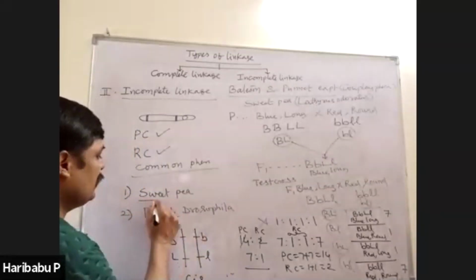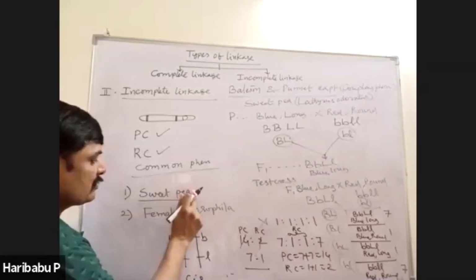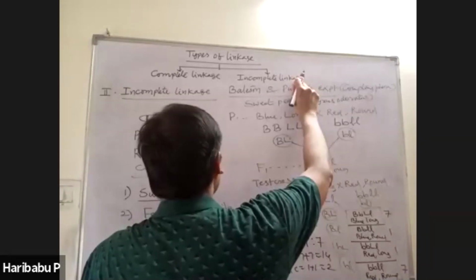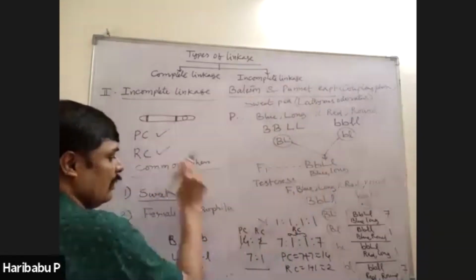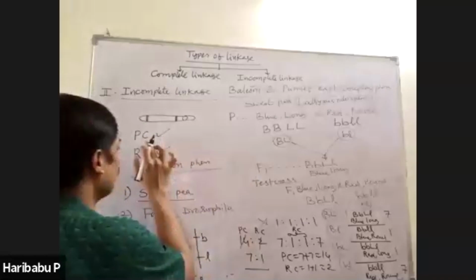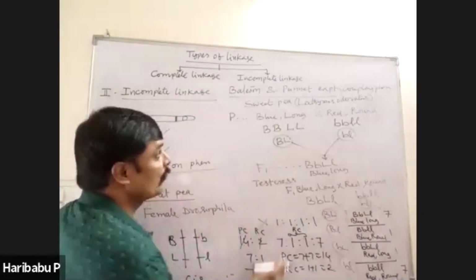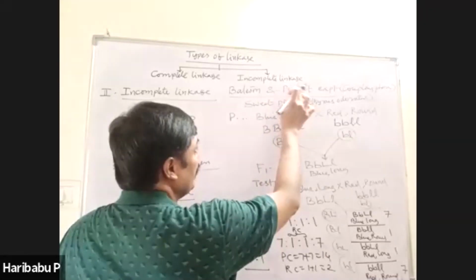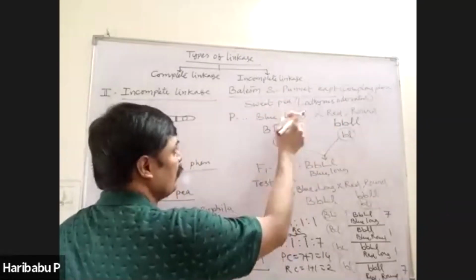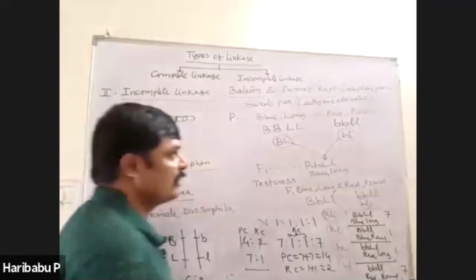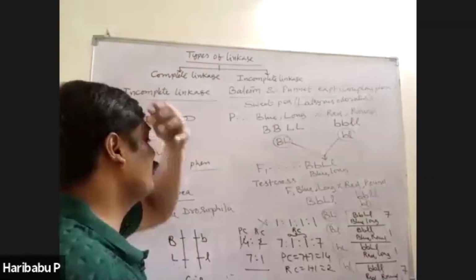So sweet pea is one of the best examples for incomplete linkage. How can you say that? When you analyze the results, along with parental combinations, recombinations are also produced. Okay, Bateson and Punnett conducted an experiment on sweet pea, that is Lathyrus odoratus. This is an example for coupling phase.